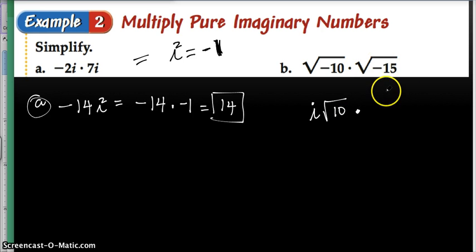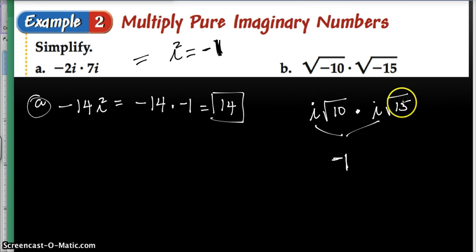The square root of -15 is going to be i root 15. Now what I can do is multiply the things that are on the outside of my radical together, and I can multiply the things that are inside the radical together as well to see if something good happens, if I could simplify further. i times i, again, is defined as i squared, or -1. So when I bring these two together, I get a -1.